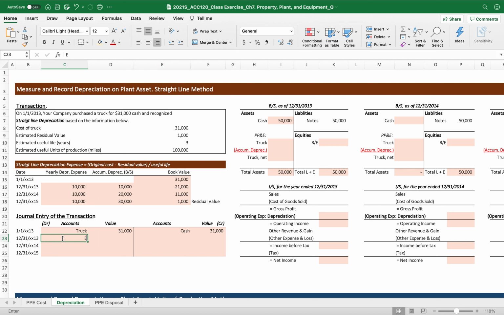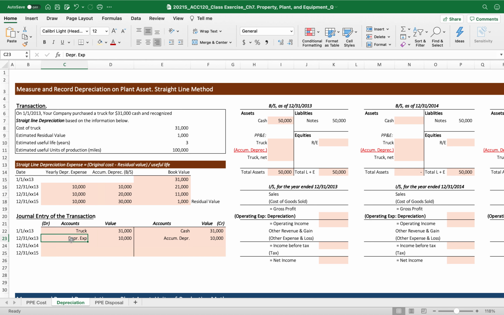In this way, we record the journal entry. The same way, depreciation expense, how much, right? $10,000, and then by this amount we record accumulated depreciation. Accumulated depreciation on the balance sheet, so $10,000.